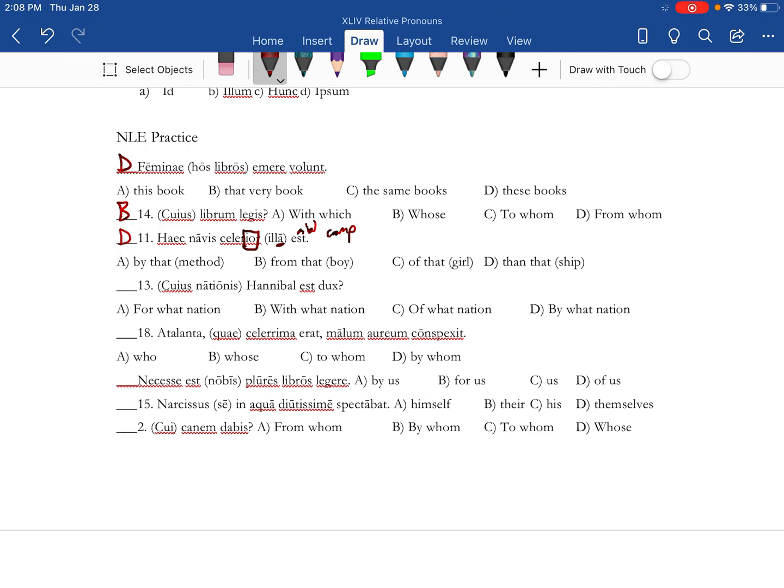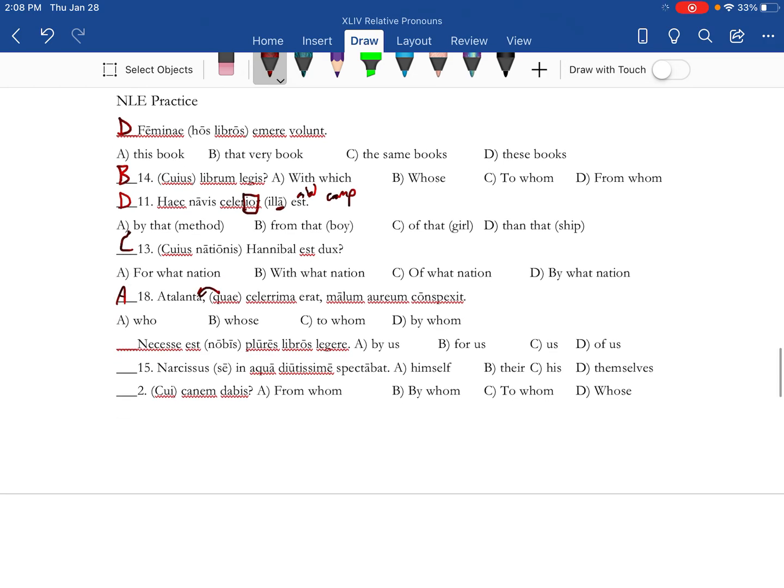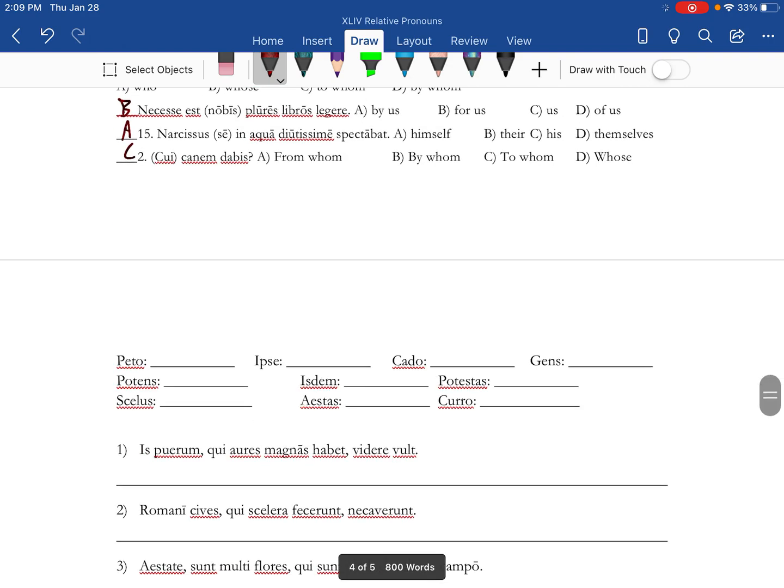Cuius nationis, that's genitive. C. Quae, going back to Atalanta. Nobis is dative, it is necessary for us. Se is reflexive. Narcissus was looking at A, himself. Cui, dative, to whom?